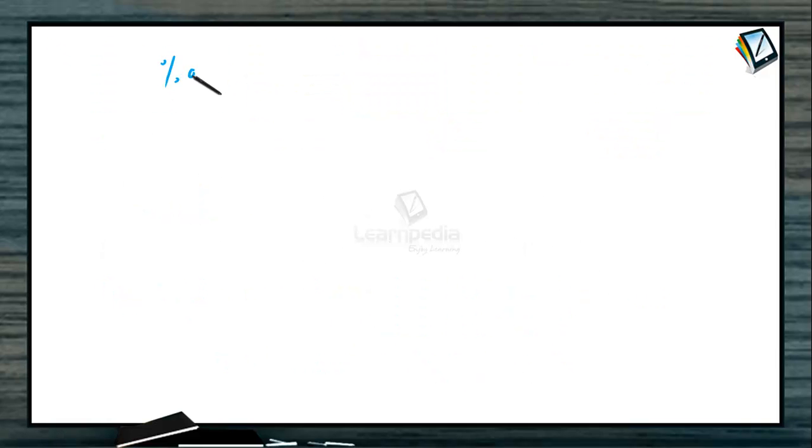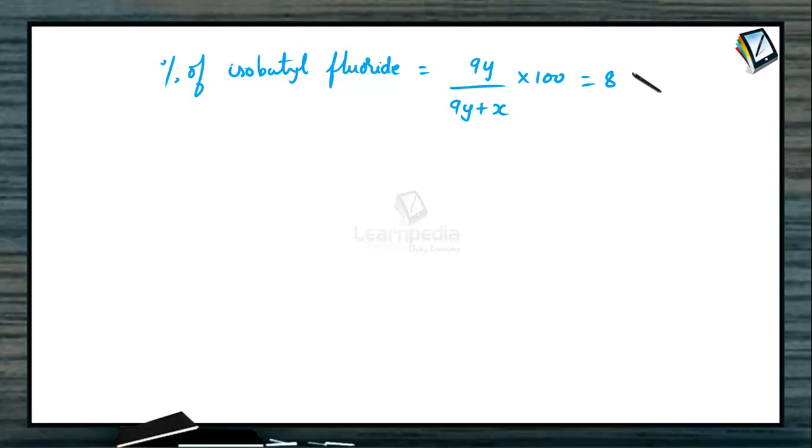So the percentage of isobutyl fluoride is nothing but equal to 9Y upon the total amount, that is 9Y plus X, multiplied by 100, which is given as equal to 86.